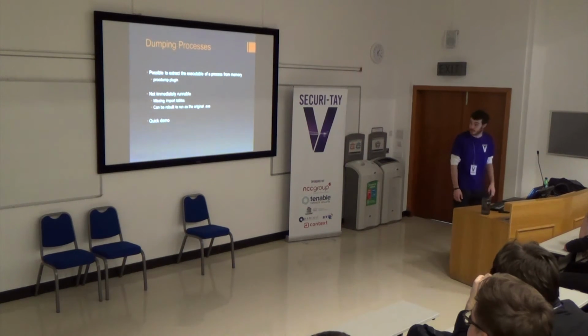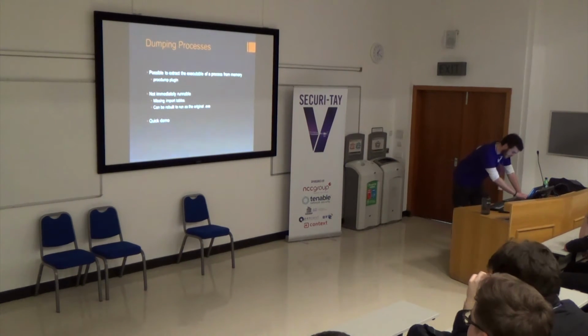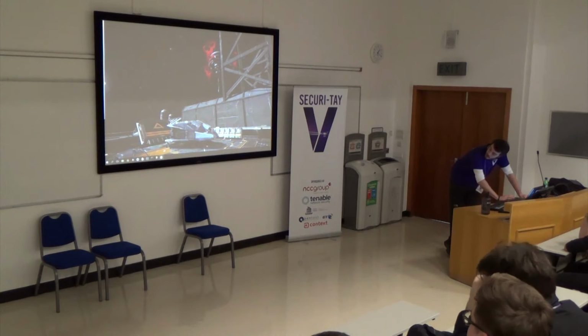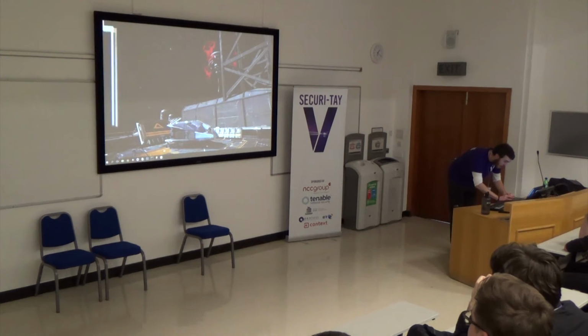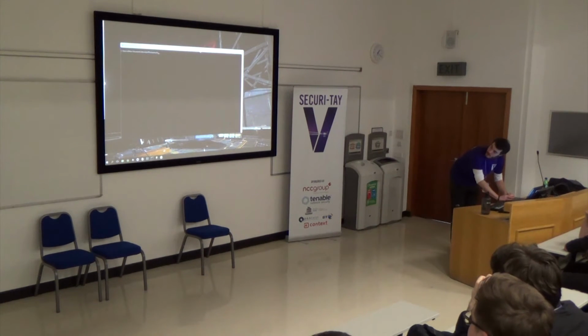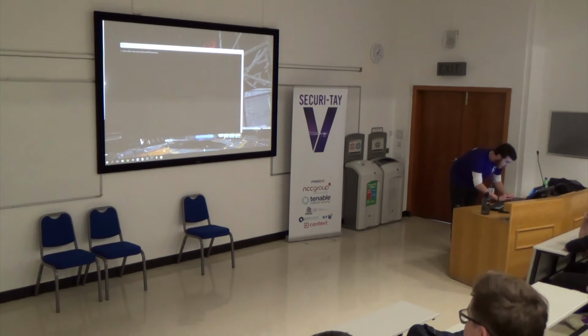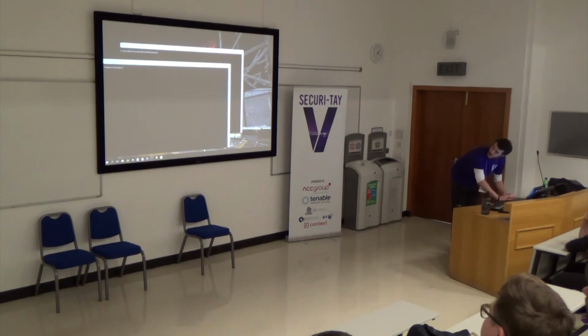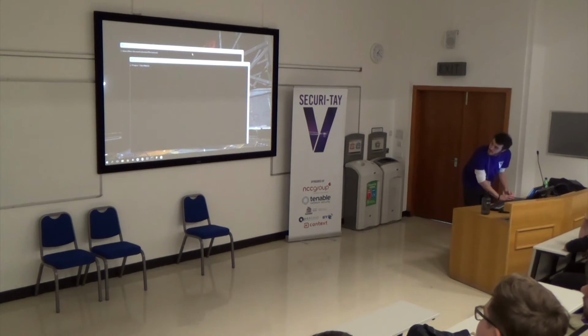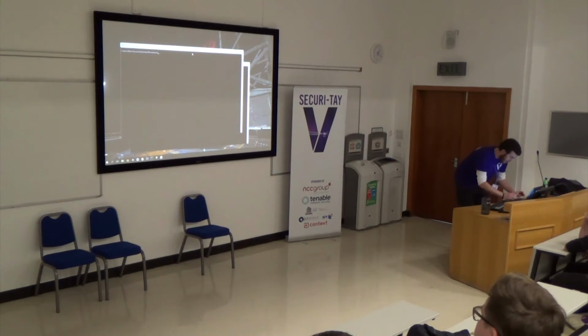I want to try and do a quick demo of that just to show you how Recall works. So if we go the long way around and just start off with WinPmem, hopefully I'm in the right directory.